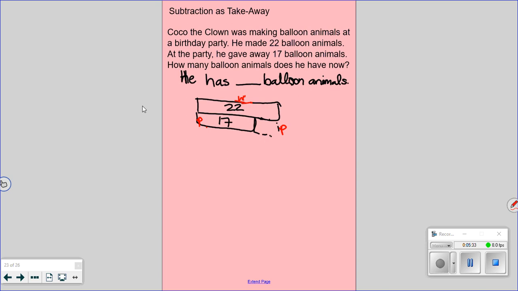If I remember part, whole, it's part plus part equals my whole. So I'm going to use those pieces to figure it out. So I have 17 plus box equals 22.